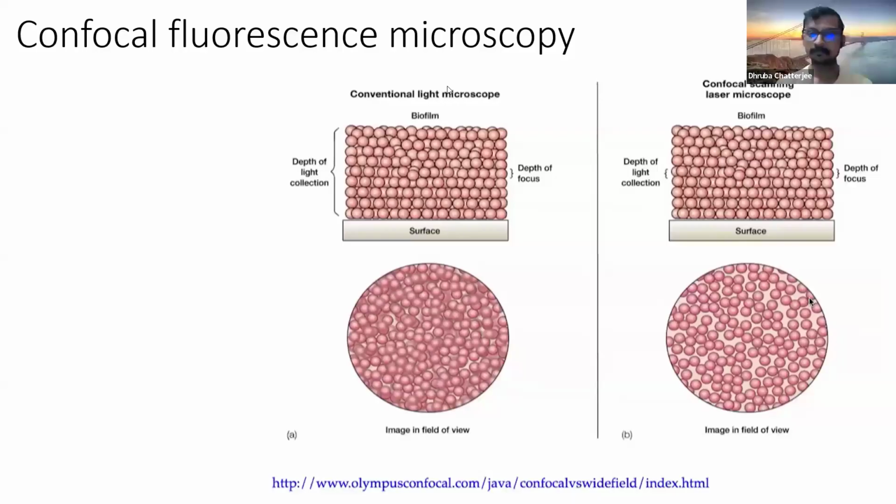But if you place this pinhole just before the detector, it is called confocal fluorescence microscopy, which allows you to collect information from just a single plane at a time, and therefore gives you much higher resolution images, including higher z resolution, as well as allowing optical sectioning.